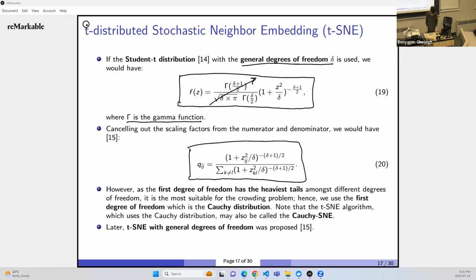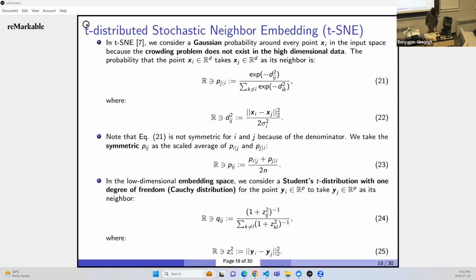That's why the original t-SNE we can call Cauchy SNE, because it uses the Cauchy distribution. Later papers proposed t-SNE with general degrees of freedom. But original t-SNE is Cauchy SNE.